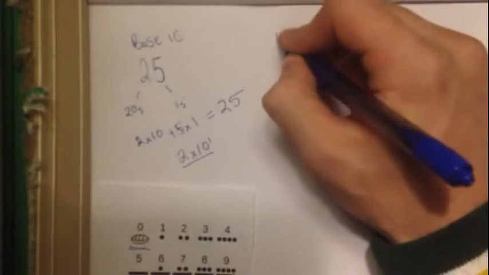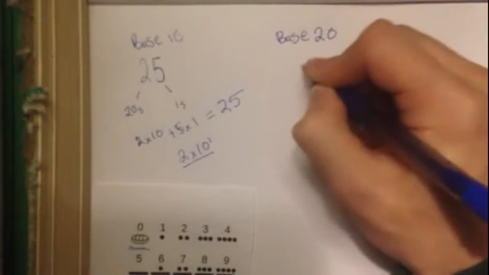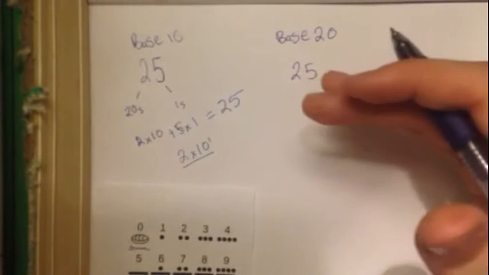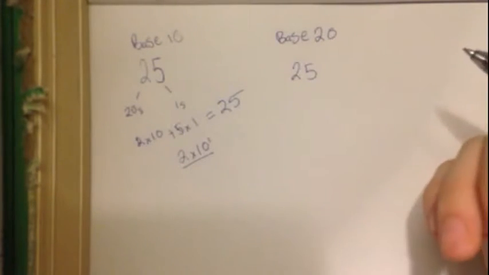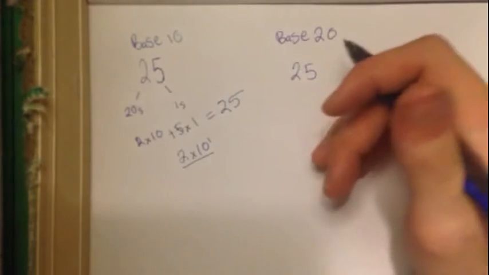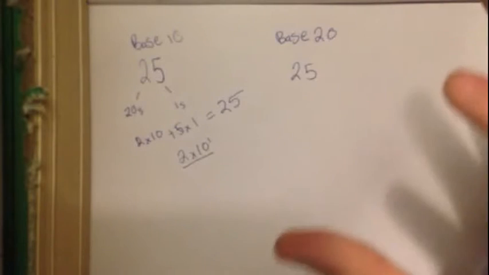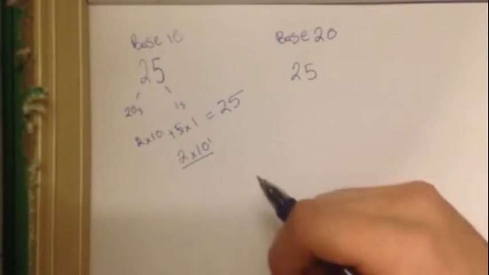In base 20, same number. We're going to use Hindu Arabic symbols to explain it, but we're talking about how the Mayans used their base 20.